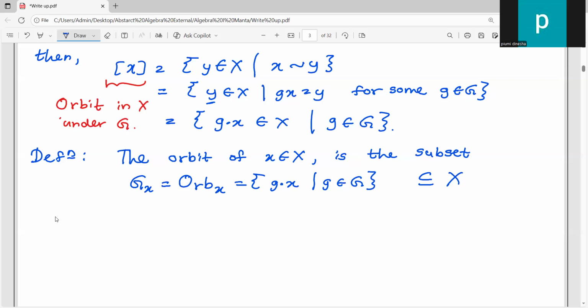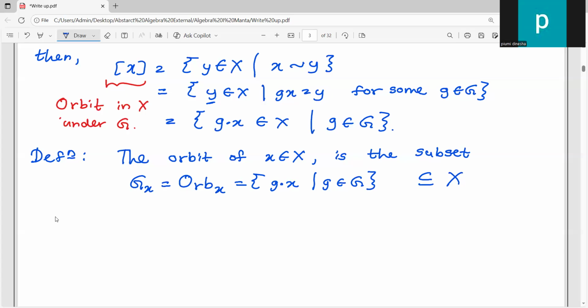If you have two different elements in one equivalence class, if you take those representatives and find the equivalence classes separately, like I told you for X and Y, which are in the same equivalence class, you get the same equivalence class. So we find distinct equivalence classes, and we know the union of all those will give you back the set X, right?